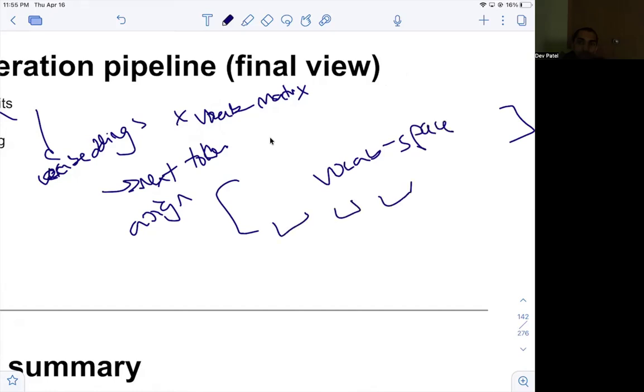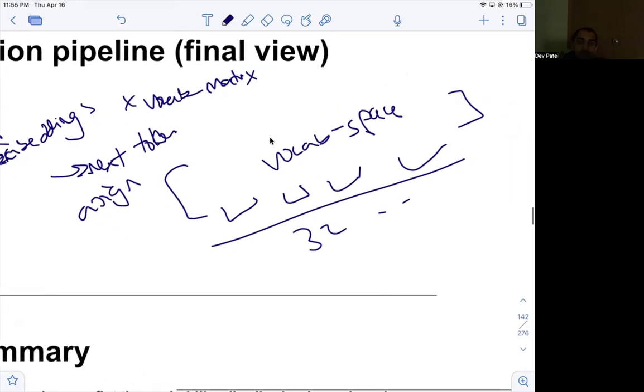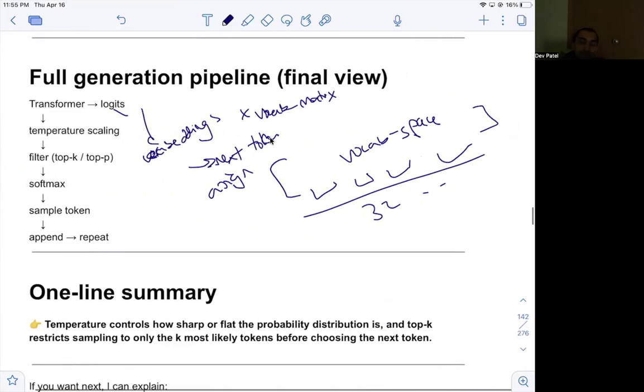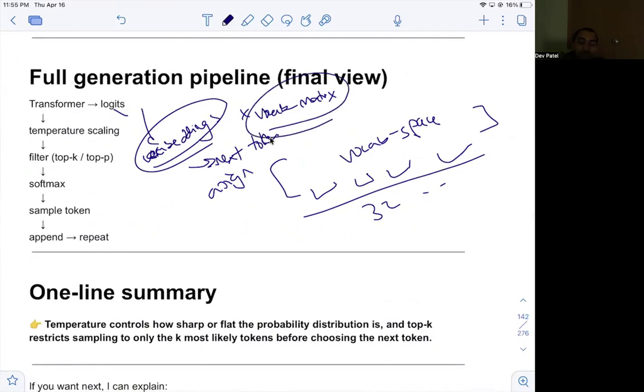Let's say the vocab space has X number of tokens. We multiply the embeddings by the vocab matrix to get the probability of each token. That happens when we make the prediction for the next token.